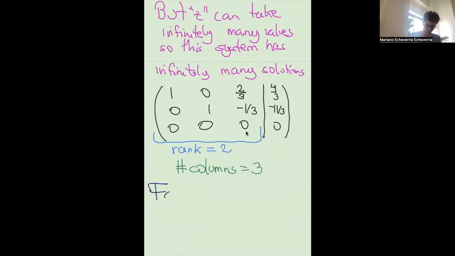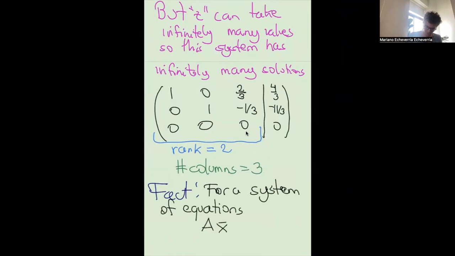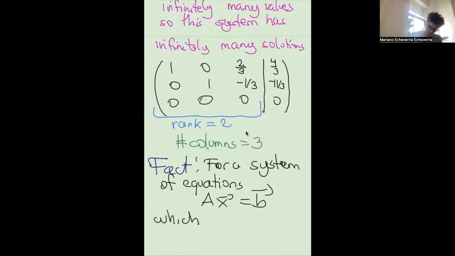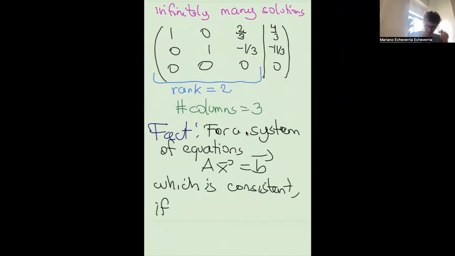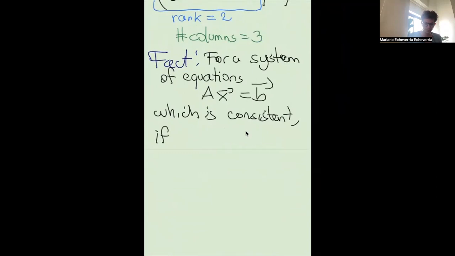For a system of equations AX equals B, which is consistent, if the rank of A is less than the number of columns of A, then the system has infinitely many solutions.